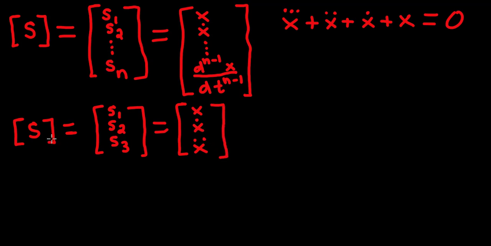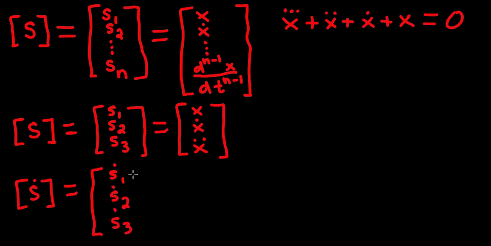And from there, getting the derivative of your state vector is really easy, right? Doing a time derivative is very easy. So the derivative of your state vector, S dot, will just be S1 dot, S2 dot, S3 dot in this case.